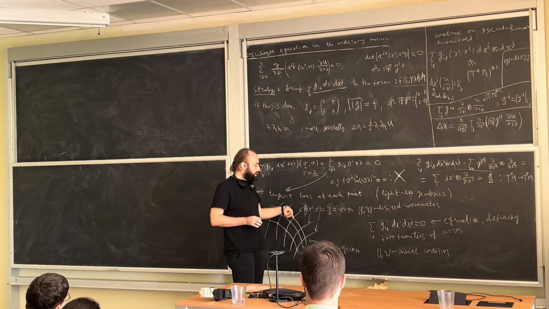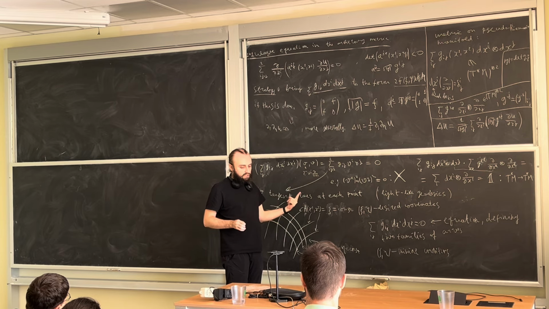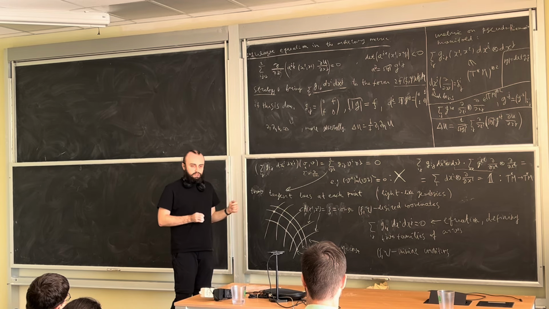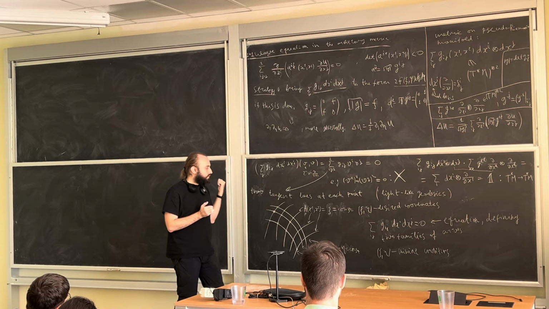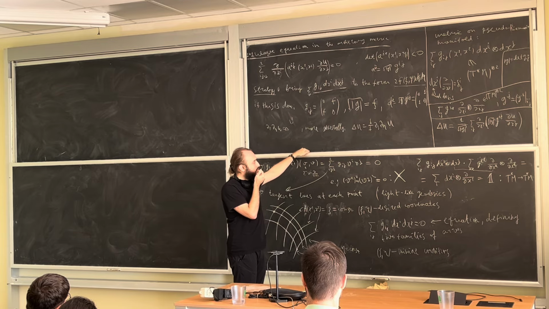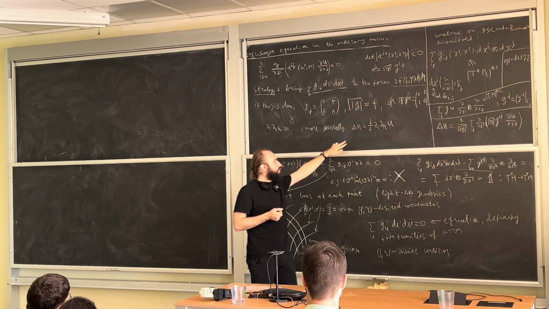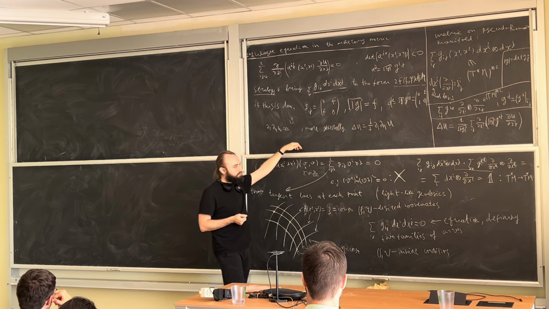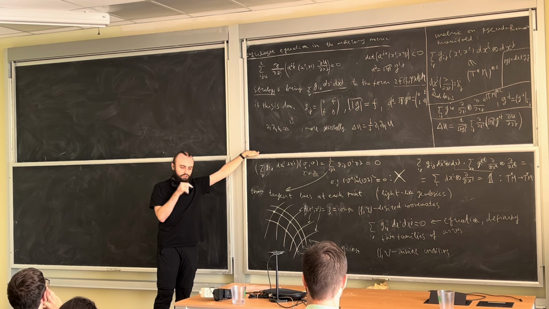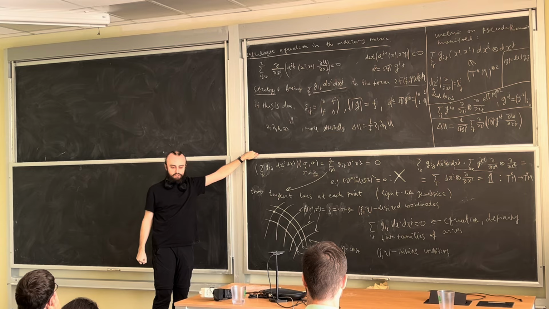These light-like geodesics become either xi constant or eta constant. And if you ask about different geodesics, then they can be whatever, because the Laplacian has this prefactor and the metric has a prefactor. So it's only about light-like geodesics.